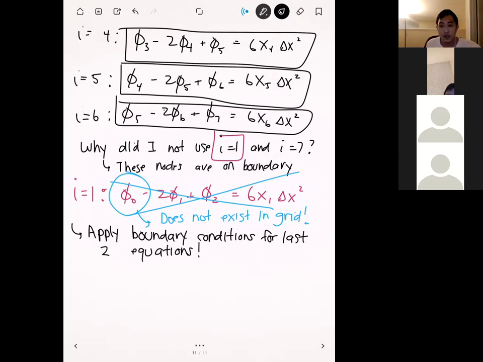Remember, the boundary conditions define how our solution behaves at our boundaries. So now the distinction between our Dirichlet and Neumann boundary conditions is really going to come into play, because that's going to help us create these equations. Let's start with the Dirichlet boundary condition on the left-hand side.